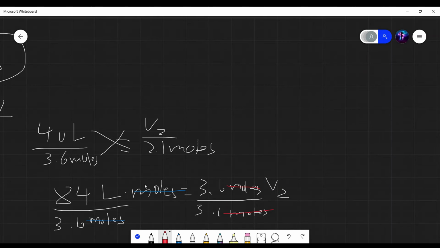Okay, so now 84. Let me divide it. So 84 divided by 3.6, and it's an infinitely long number. We're just going to round it to 23.33 liters.